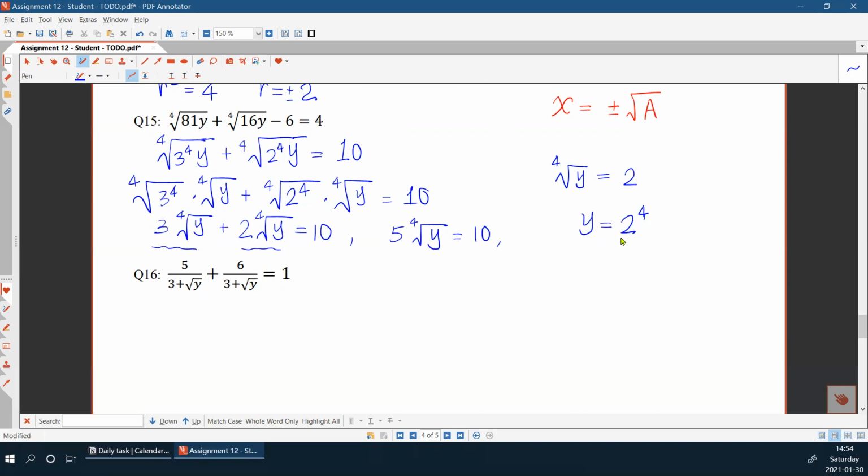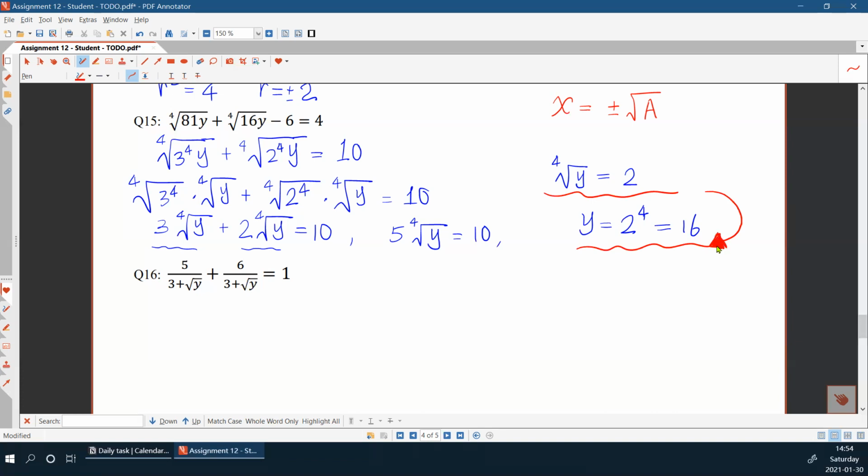So y is 2 raised to the fourth power, which is 16. Any questions? Okay, from this step to this step, you need to pay attention to this.